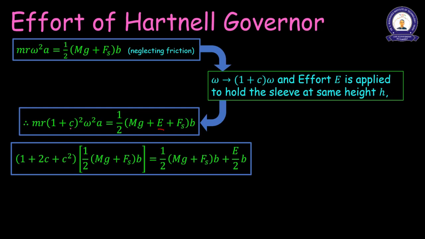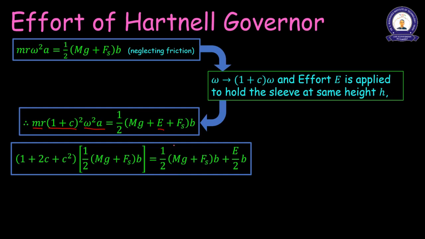Now what I have done is I have expanded this and considered mr omega square A together, whose value I know is equal to 1 by 2 mg plus Fs into B. So I substituted that. Then I have multiplied by B inside the bracket. Then I took these first two terms together and kept E by 2 B separate.